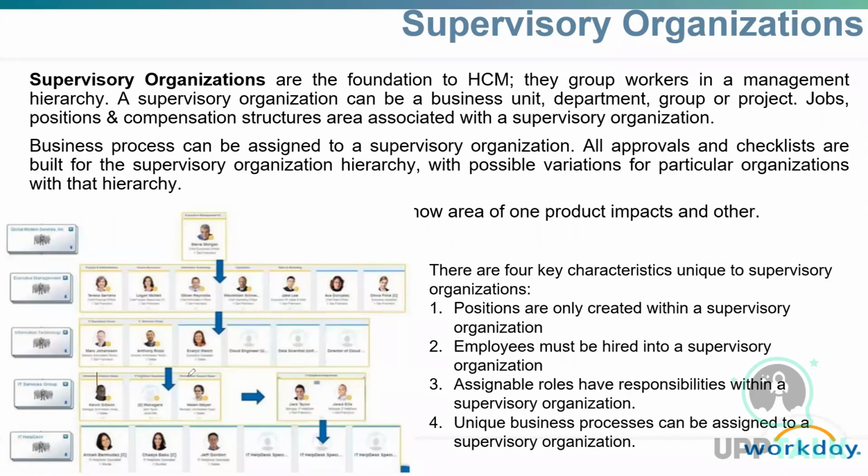Then IT would have their own organizations where they would report to different people, and hence the tree structure begins to grow. On the left side, you will see the organization names like executive management, information technology, IT services group, and IT help desks. So based on our own company's infrastructure and org structure, we are able to create our supervisory organizations within Workday.